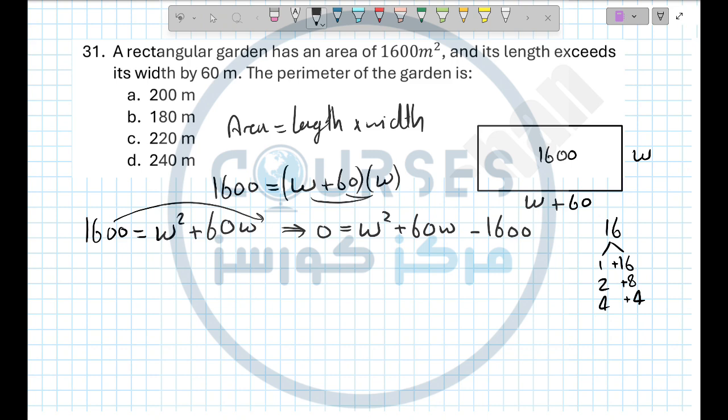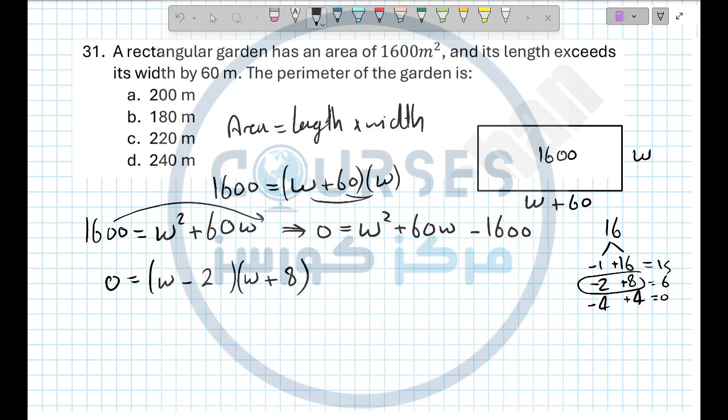The second number will be negative because the second sign is negative, so it will be the opposite. Clearly, it's minus 2 and 8, so 0 equals W minus 2, W plus 8.